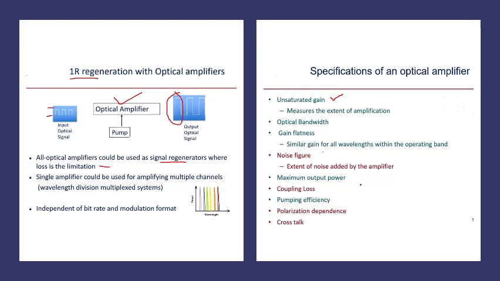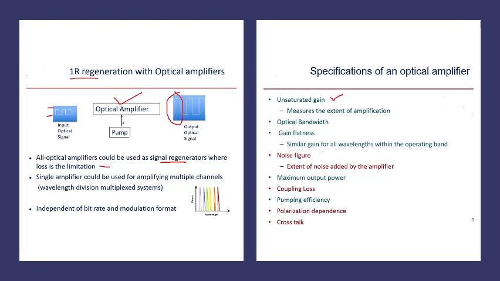Maximum output power. Here we always try to achieve from an optical amplifier the maximum output power that we can launch in the fiber. So the coupling loss of an amplifier should be minimum. Pumping efficiency should be maximum.